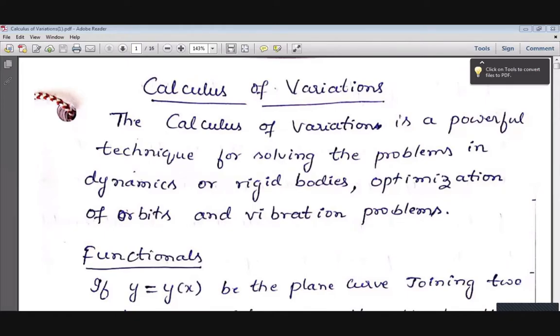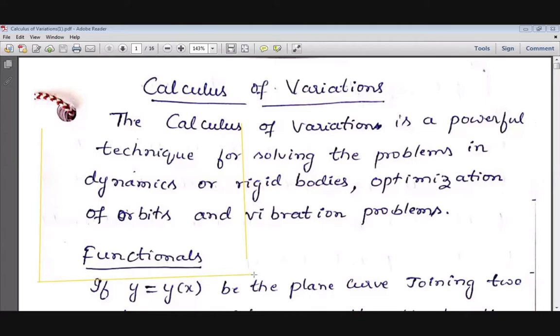For example, if I take two poles here, you have seen this, if two poles here, then if a cable hangs between these two poles, then what will be its shape?